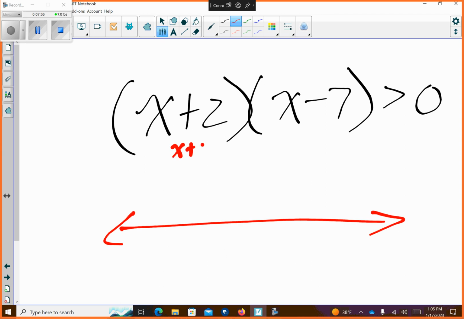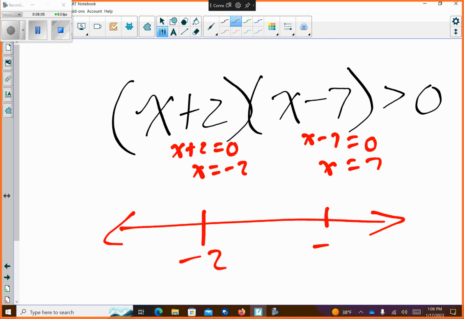And if I go x plus 2 equals 0, so x equals negative 2, and x minus 7 equals 0, so x equals 7. Are you following my math? Pretty simple. So I got negative 2 here, I got 7 here. In between our other numbers, of course. I don't have to go plug in the 0 and the negative 1 and the 1, 2, 3, 4, 5, 6, things like that. It's not necessary. We're just going to plug those in.